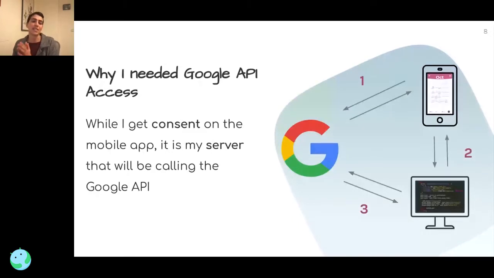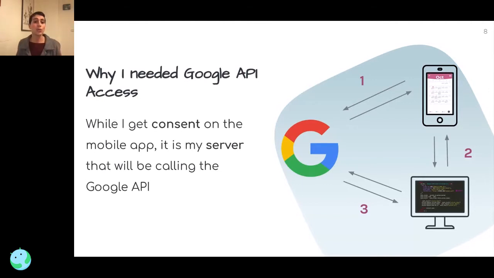So if I implemented it only client side, where I would get consent and make the API request from the client, it would mean that every user would have to log in in order for their calendar to be updated. But the calendar can be updated via these other family members. So that's the important part to understand in this specific scenario. We're getting the consent from the user to access and add events and change events in their calendars from the phone, and we're going to use that consent and that access from the server side.